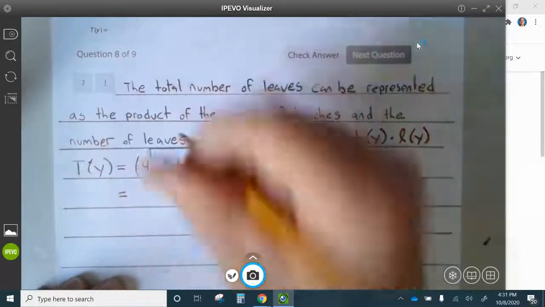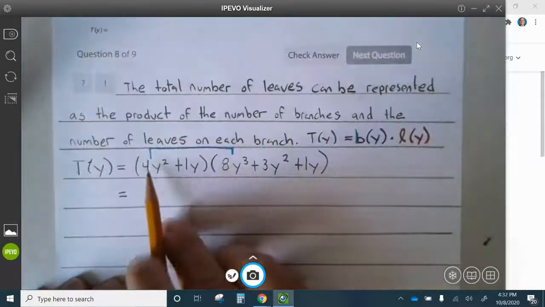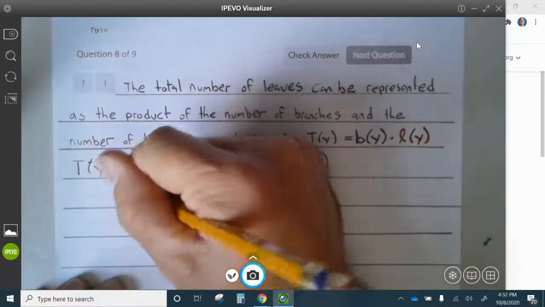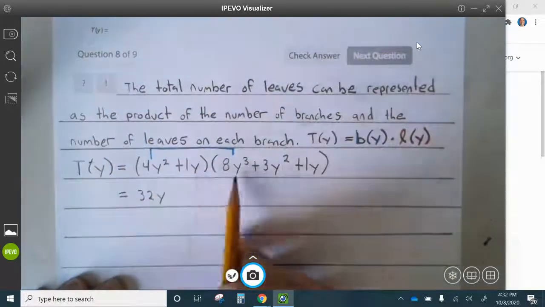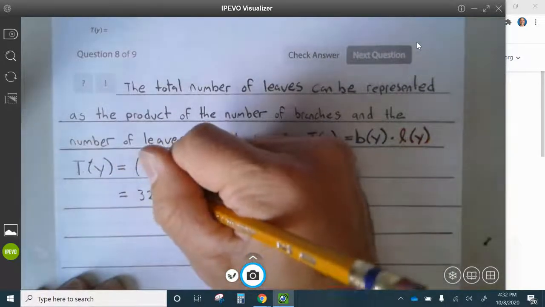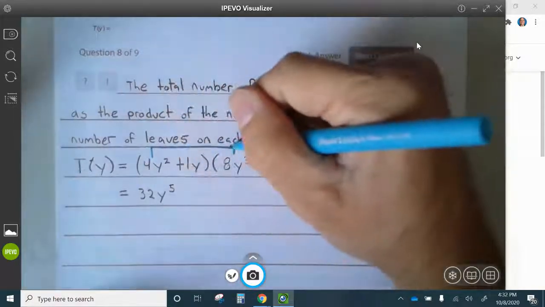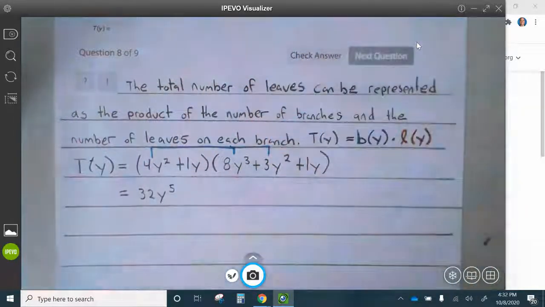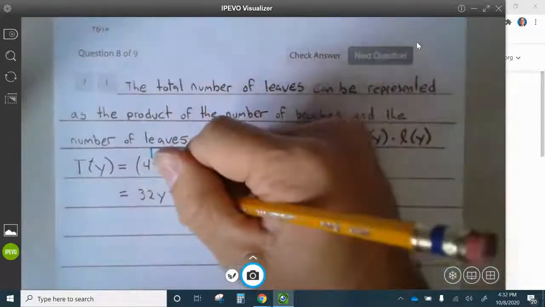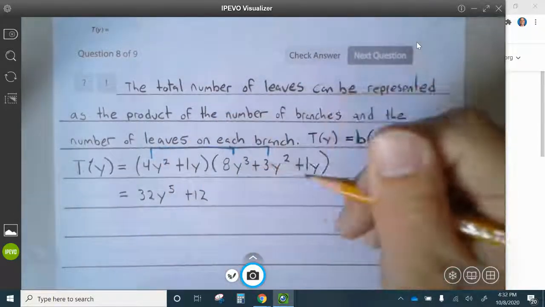So 4y squared times 3y squared is 12y to the 4th. And then 4y squared times 1y is plus 4y squared.